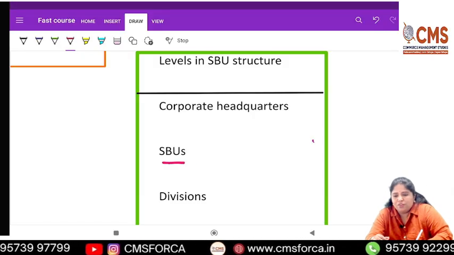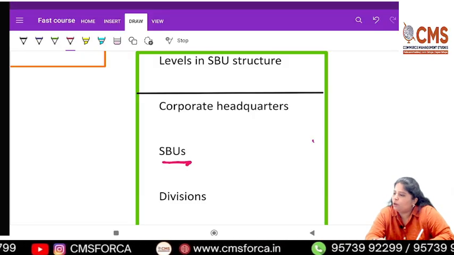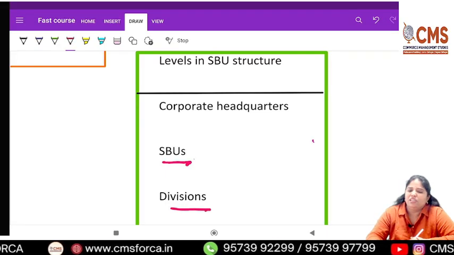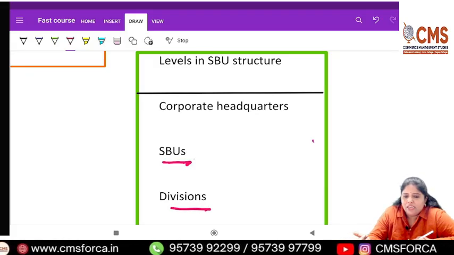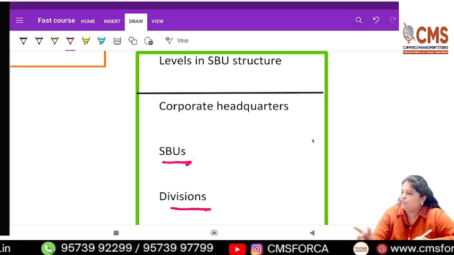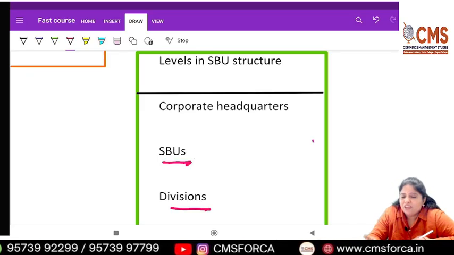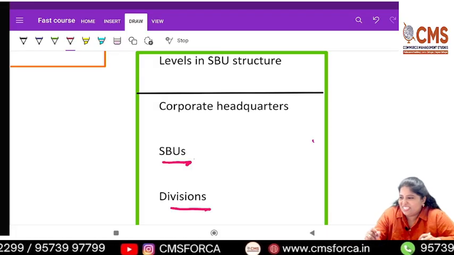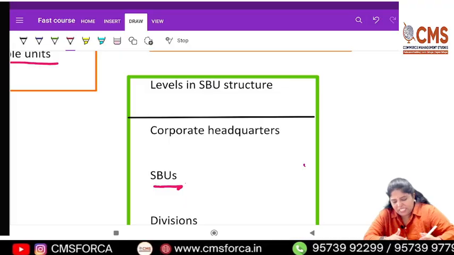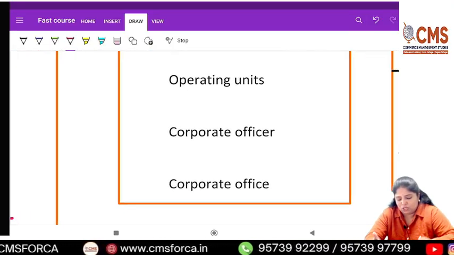Then we have SBUs under corporate headquarters. And in each SBU, we have divisions. That's what we learned, right? Each SBU is a group of related or unrelated divisions. Remember this point? We will use it further also. Now, let's talk about each level in detail.